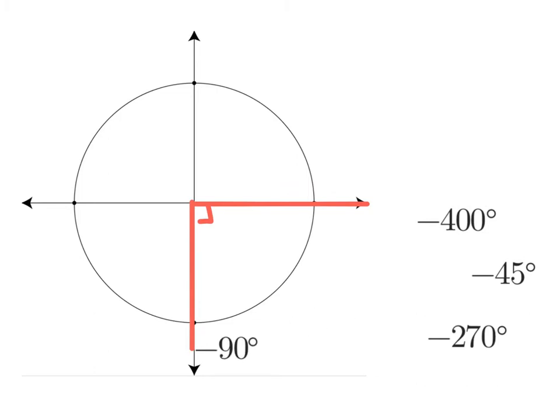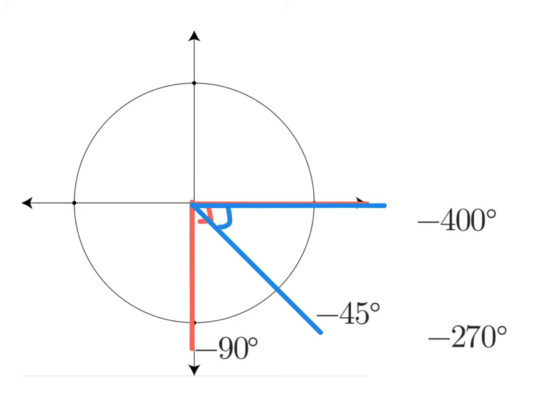We're going to do negative 45 degrees. Again, we always start with our initial side on the positive x-axis, and then the terminal side would be halfway between that 0 and the negative 90. So here is where our negative 45 degree angle would be.